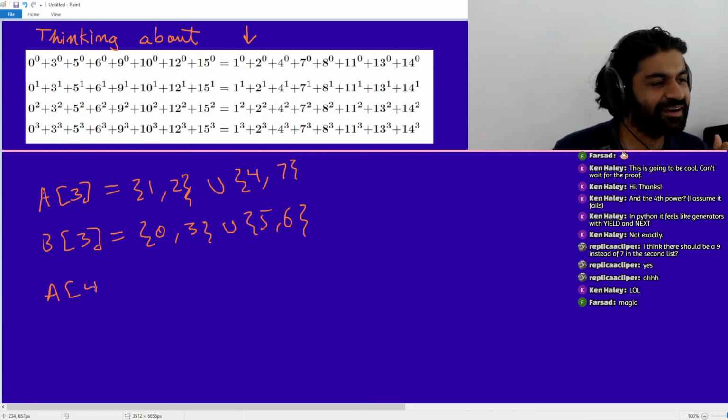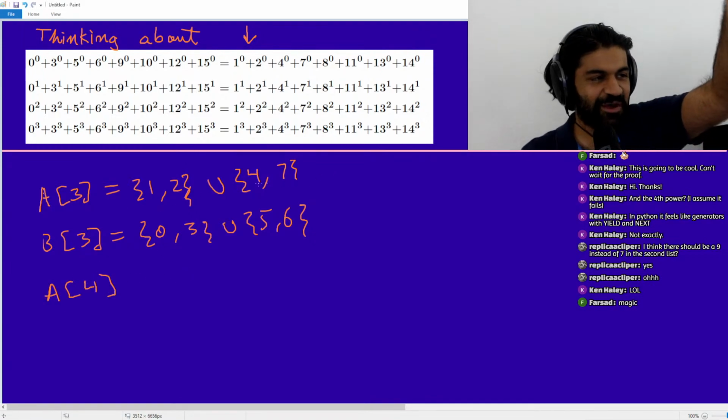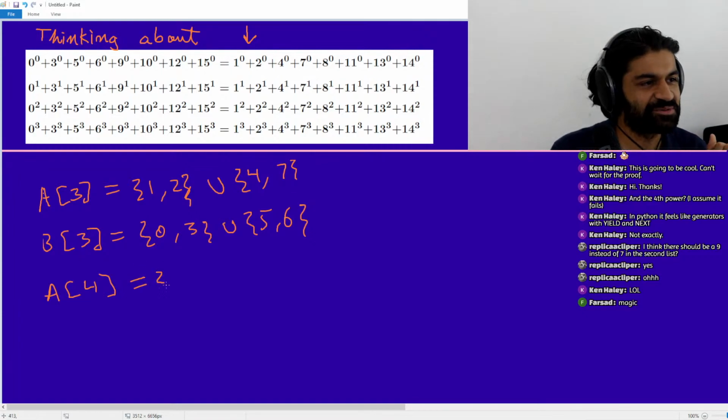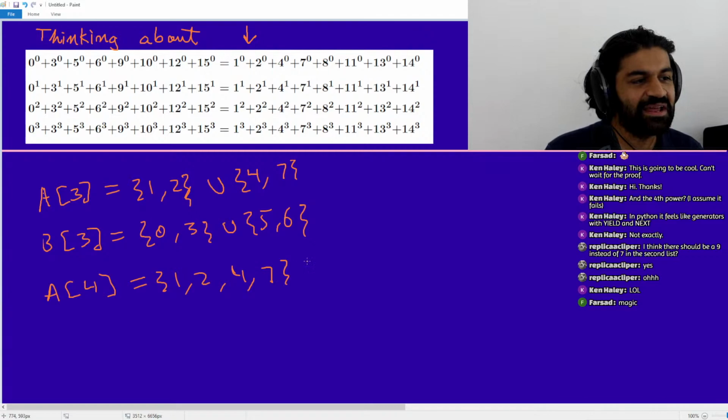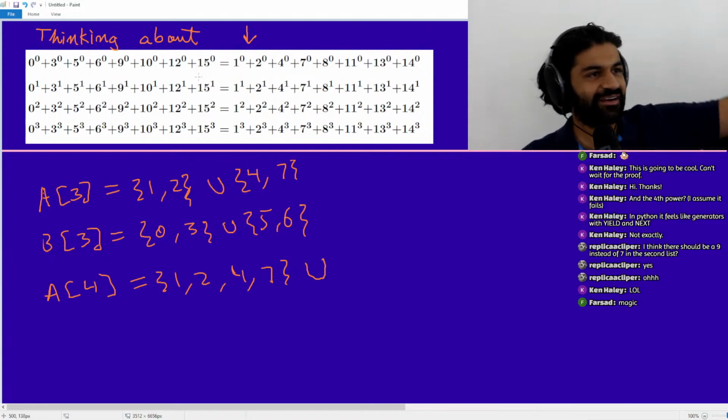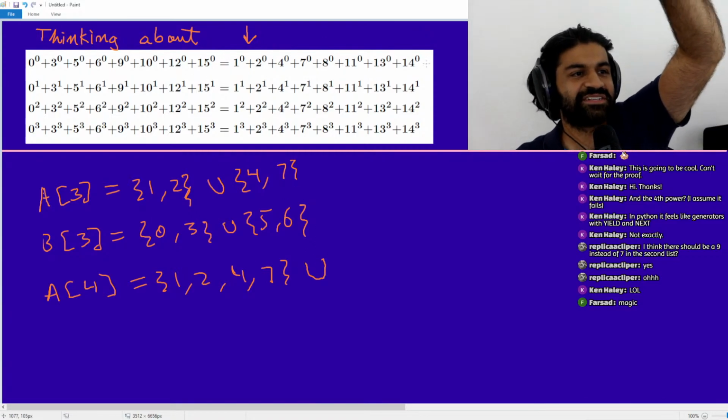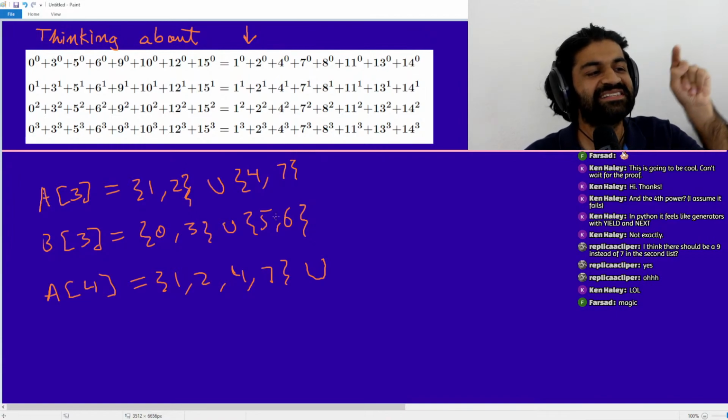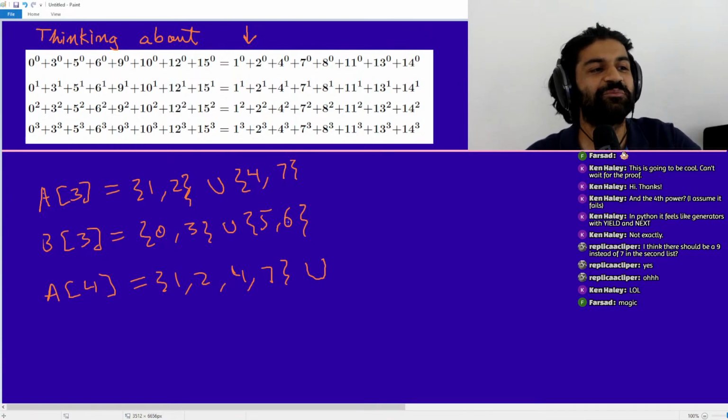So A4 starts out the same way A3 starts. It starts with a 1, 2, 4, and 7. But then the things that you add on are 8, 11, 13, and 14, which you'll notice are exactly 8 plus whatever B3 was.